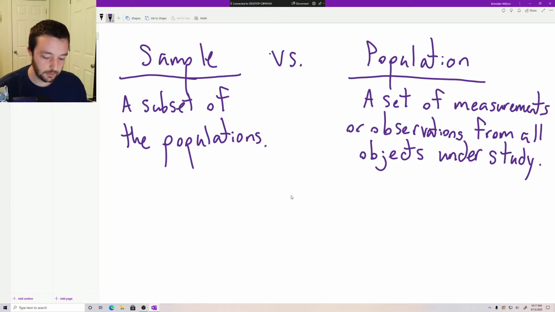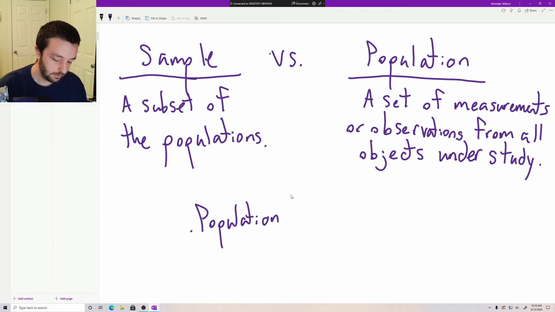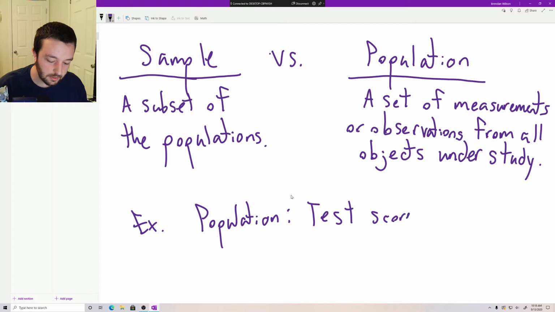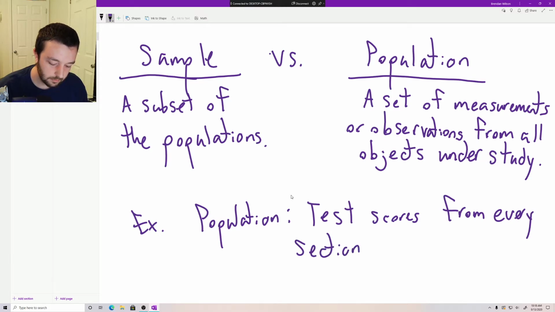So, for example, population could be the test scores. So here's an example. Population could be the test scores from every section of Math 101.